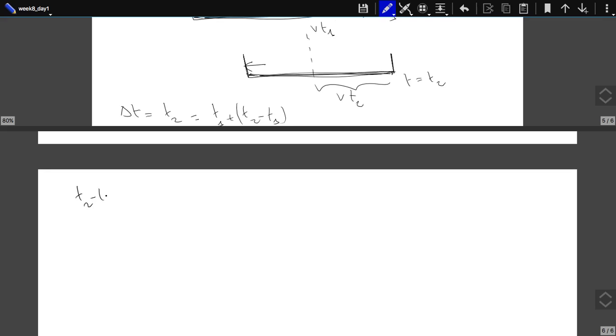The light ray in total has traveled the distance L prime minus v times t2 minus t1. This is the total distance that the light ray has traveled, because my stick is moving in one direction and the light ray is moving in the other direction, so it traveled a distance less than L prime, divided by c. So this tells me that t2 minus t1 is equal to L prime over 1 plus v over c.